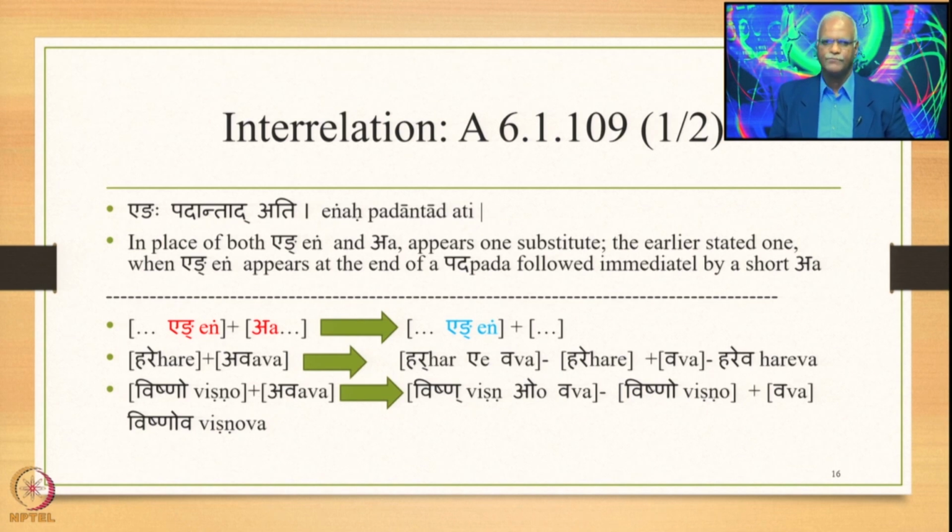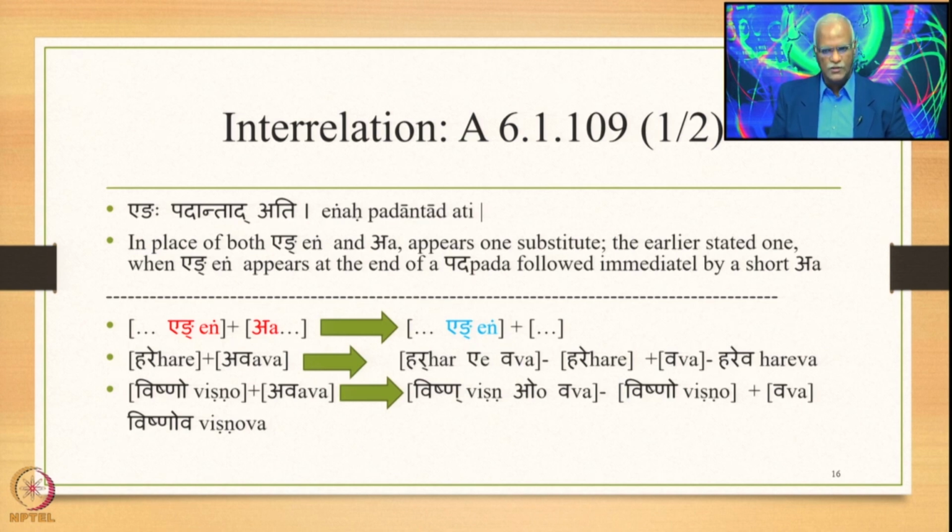in place of both ing and at appears one substitute, the earlier stated one, that is purva rupa, when this ing appears at the end of a pada, followed immediately by a short a. I repeat, in place of both ing and at appears one substitute, the earlier stated one, purva rupa, when ing appears at the end of a pada, followed immediately by a short a.